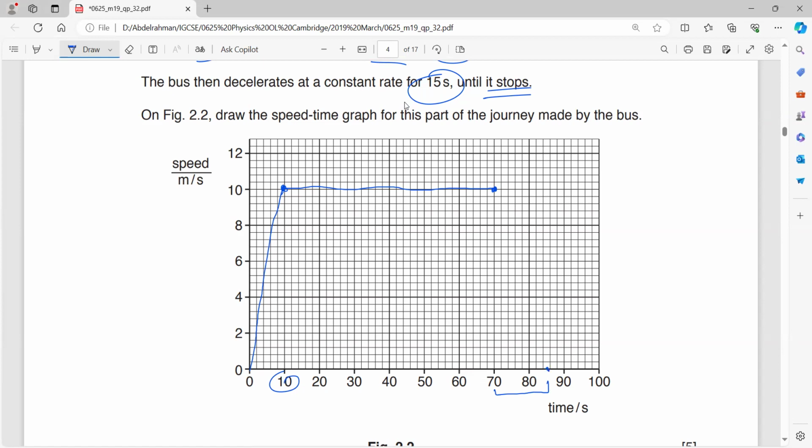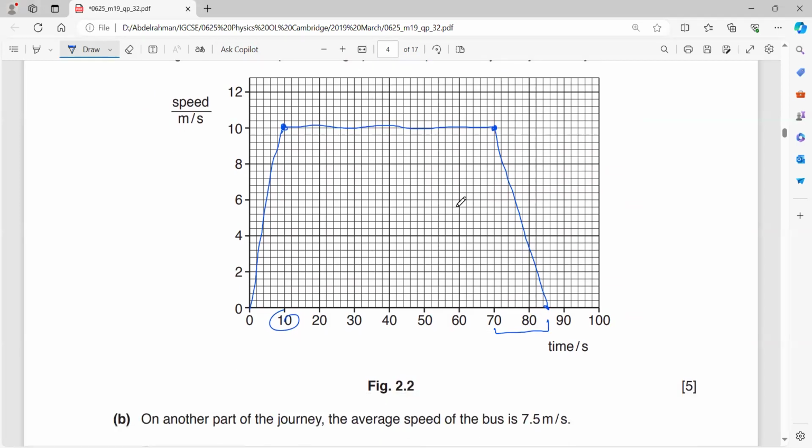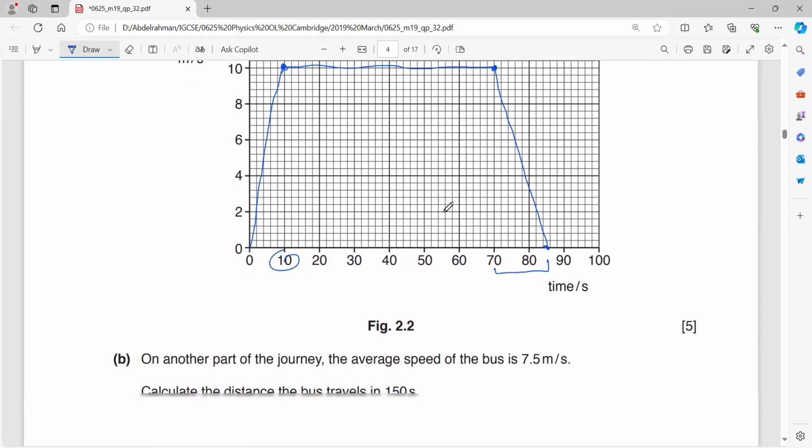So I will draw a straight line using the ruler. You have to draw all of this using a ruler until I reach 85. That's it. Quite easy. Five marks. That is a lot for one question, but it's quite easy, I guess.